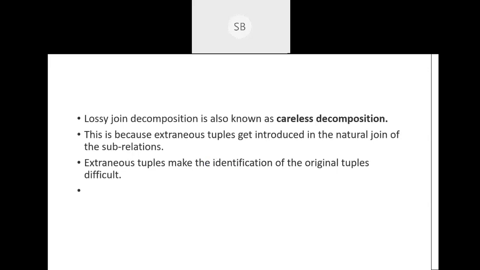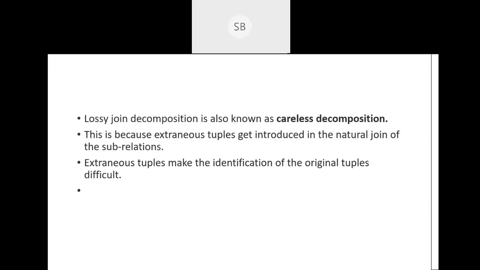This lossy join decomposition is also known as careless decomposition. In the last case we saw that lossless is known as non-additive, but here it is known as careless decomposition. This is because extraneous tuples get introduced in the natural join of the subrelations, and extraneous tuples make the identification of the original tuples difficult.